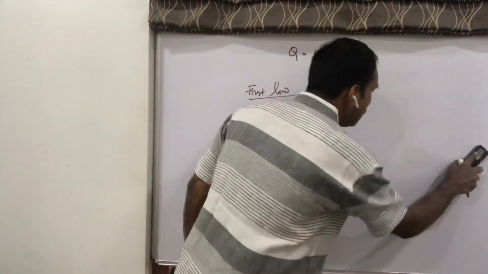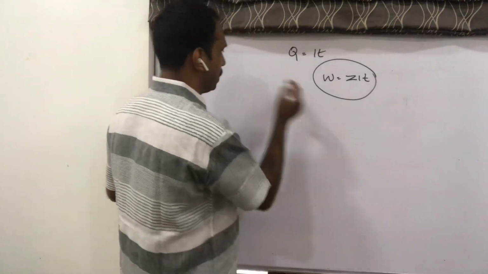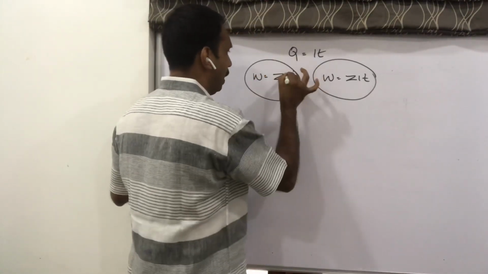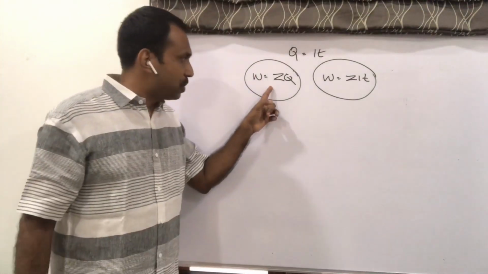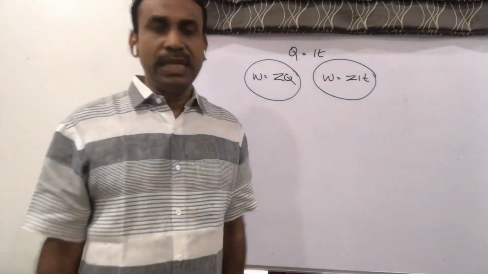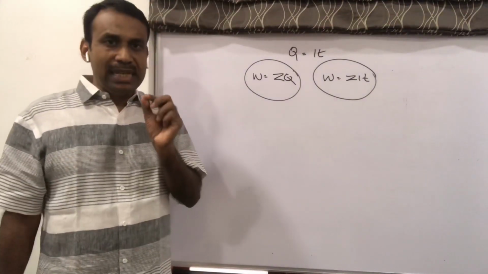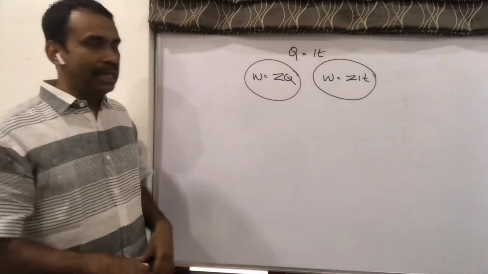Now we have to study a simple definition for electrochemical equivalent. You see, we get two expressions, W equal to ZQ, W equal to ZIT. From these two equations, we have to find a simple, easy definition for electrochemical equivalent.